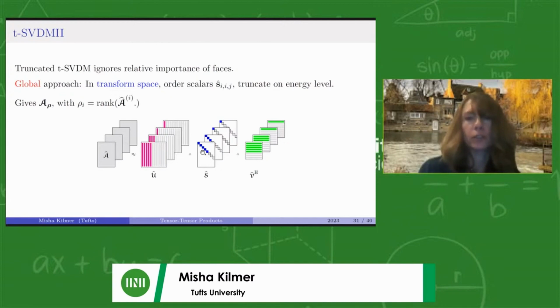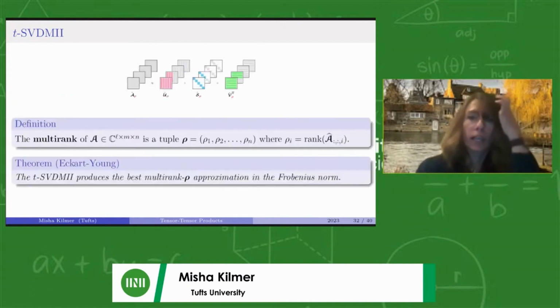So in this cartoon, I've shown that maybe in the first frontal slice I have 5 really large values, the second one 3, and the remaining 2, I have just 1. So maybe I just want to keep those blue singular values and their corresponding singular vectors. And I can do that.